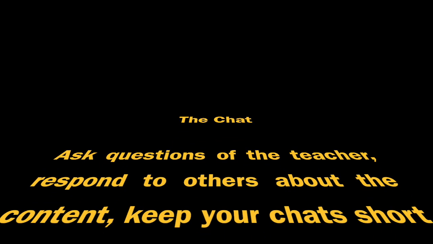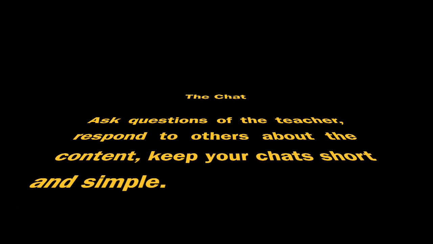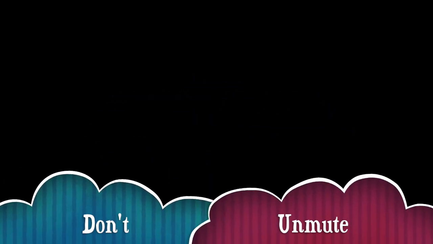So make sure that you're active on the chat. But the chat feature is not for saying what's up to your friend. Instead, it is for asking questions of the teacher. Again, you're not going to unmute to ask a question unless a teacher specifically asks you to. Instead, you're going to use the chat.